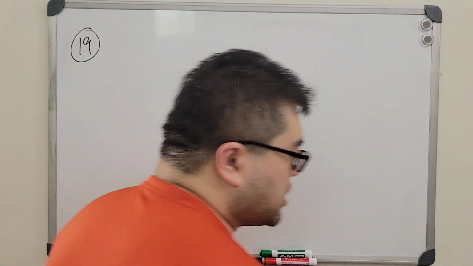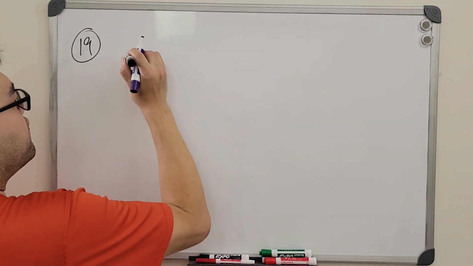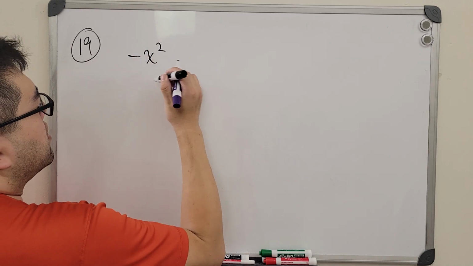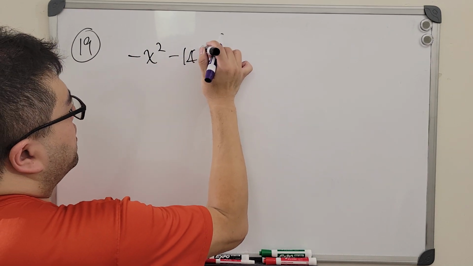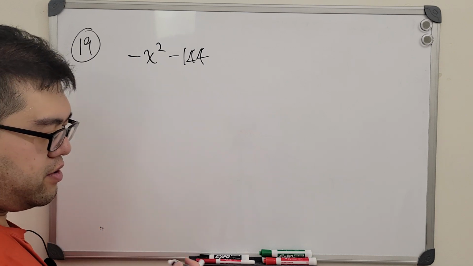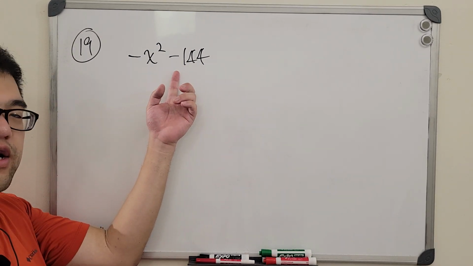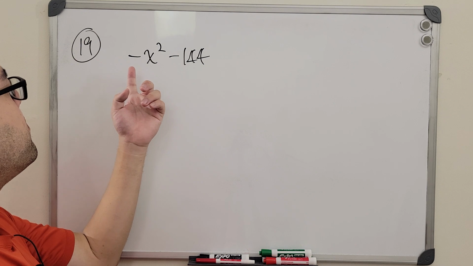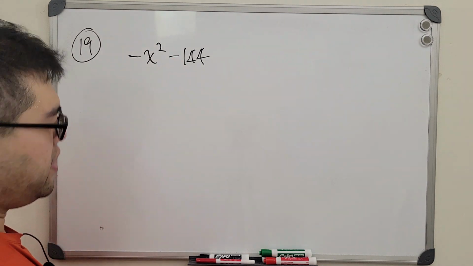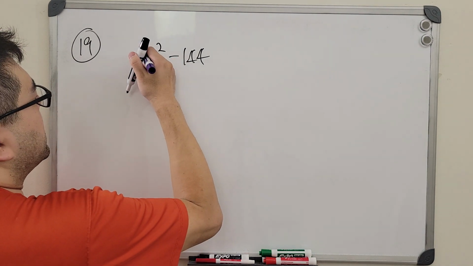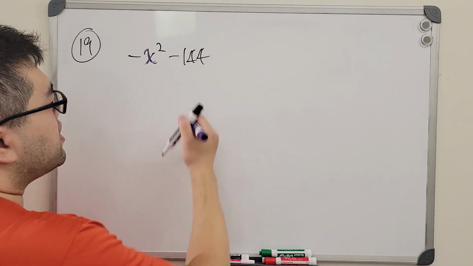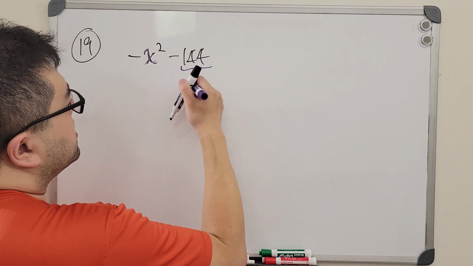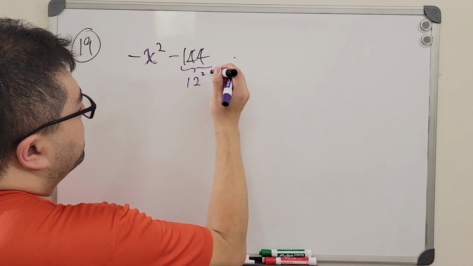Problem number 19. We have negative x squared minus 144. So let's see. We have a negative sign here. Good. So we have x squared and then 144. Of course, x squared is just the square of x, and 144 is the square of 12.